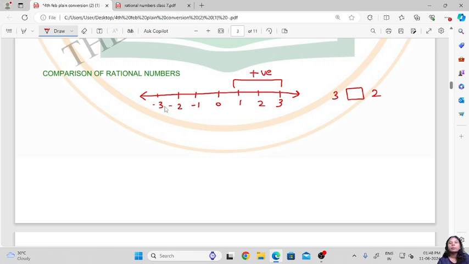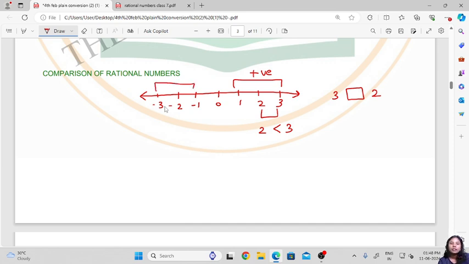We have to remember that for positive integers, the numbers on the right hand side are always greater than the numbers on the left hand side. So if we look at 2 and 3, 3 is greater than 2.